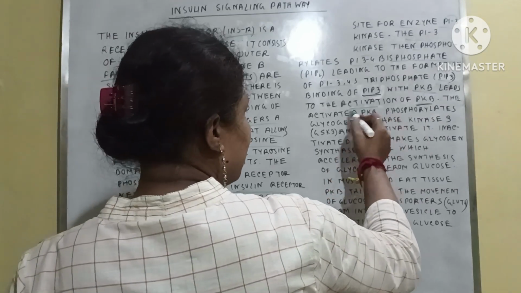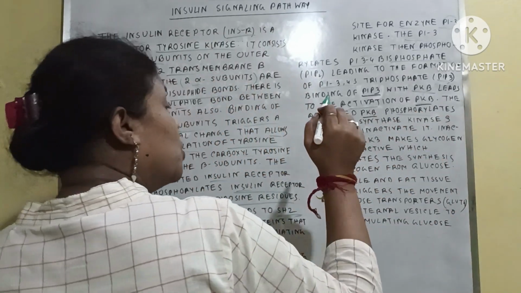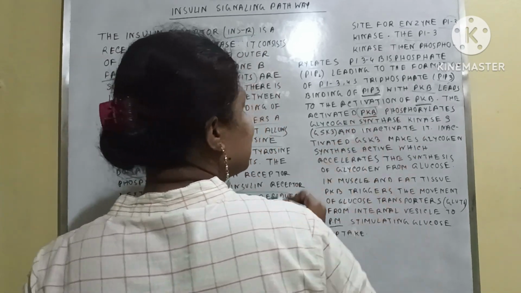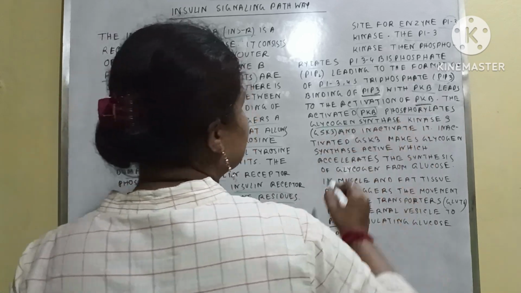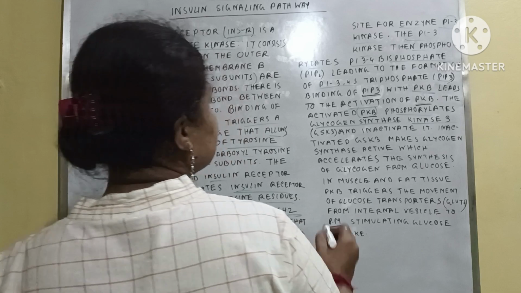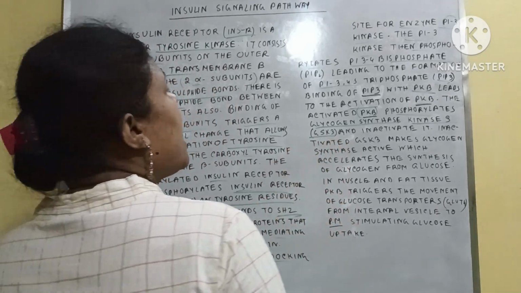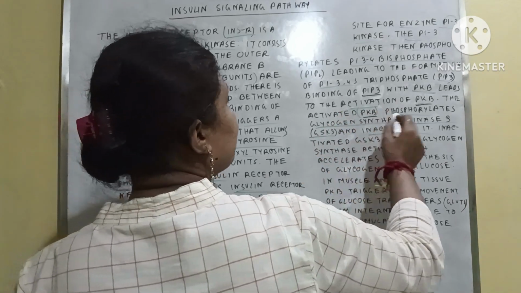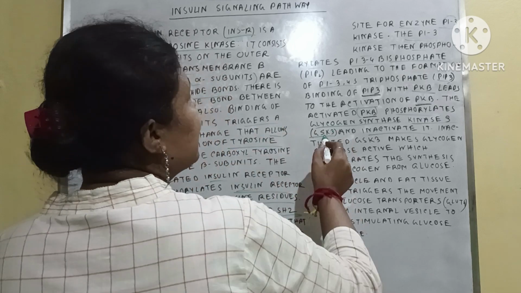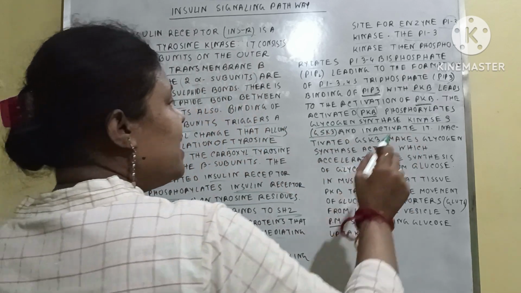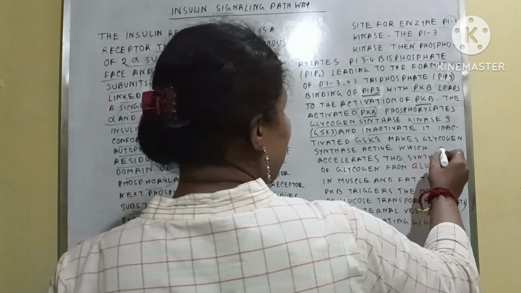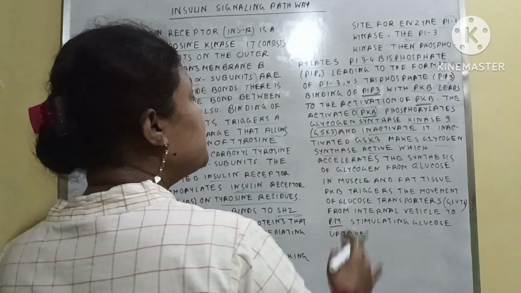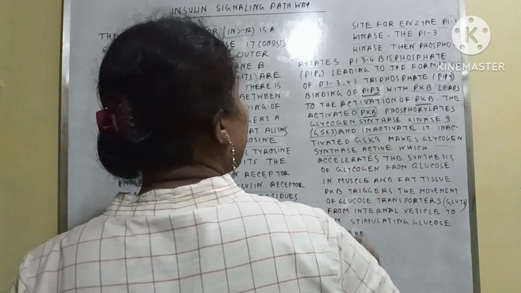And this activated PKB phosphorylates glycogen synthase kinase 3, that is GSK3, and inactivates it. Now the inactivated GSK3 makes glycogen synthase active.